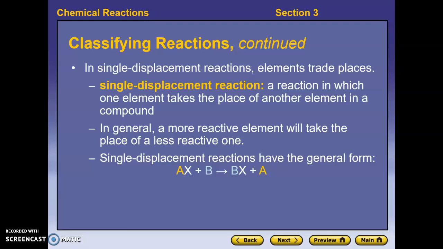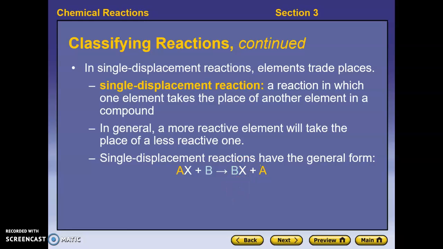So it might look something like this. If compound AX is mixed with element B, and B is more reactive than element A, then B is going to take its place, and so B ends up in the compound with X, and A gets kicked out.